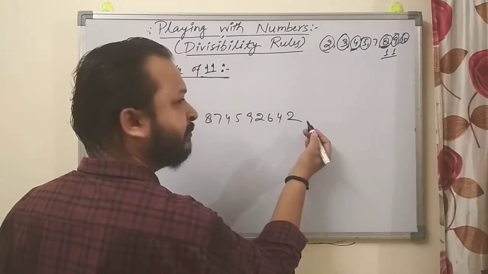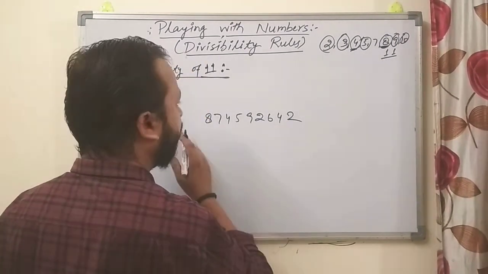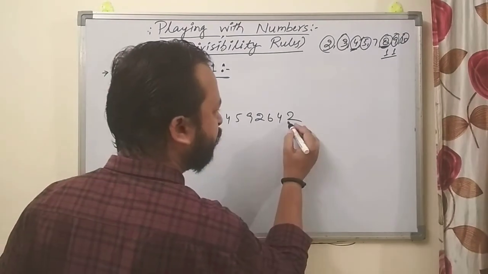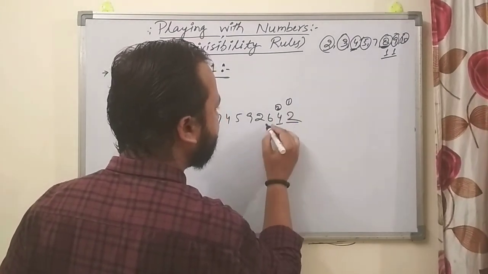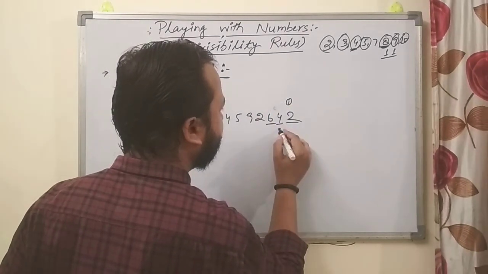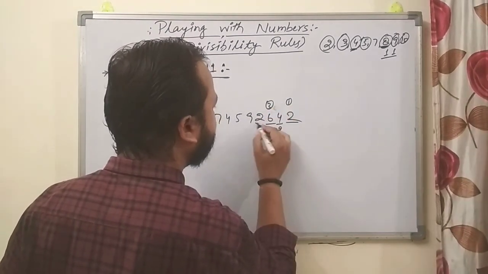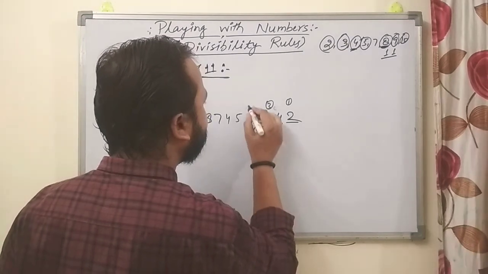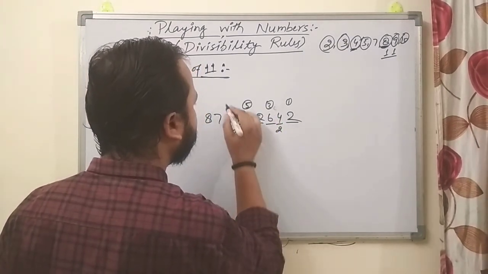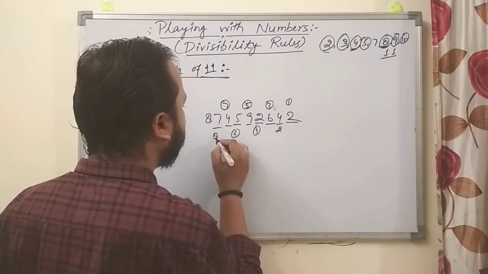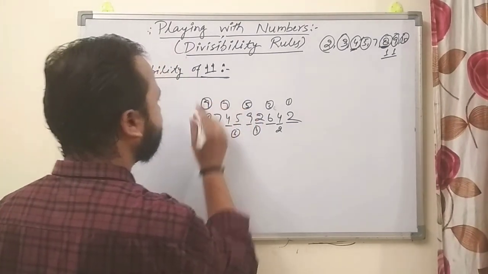We start from the right hand side and come to the left hand side. So this is first place, this is second place, this is third place, this is fourth, fifth, sixth, seventh, eighth, and ninth place.